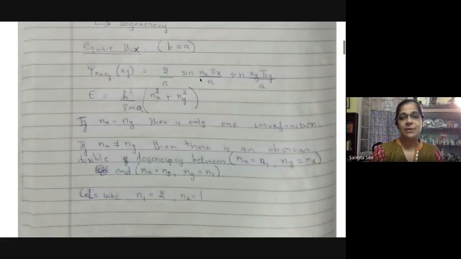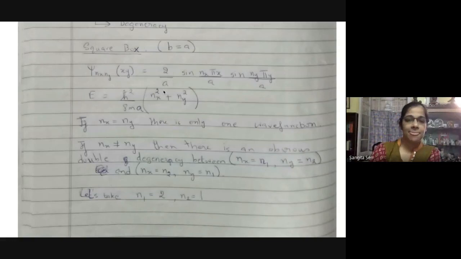We have just flipped two quantum numbers between the x and y directions, and these two states are definitely degenerate. This exists for all pairs of values nx not equal to ny.